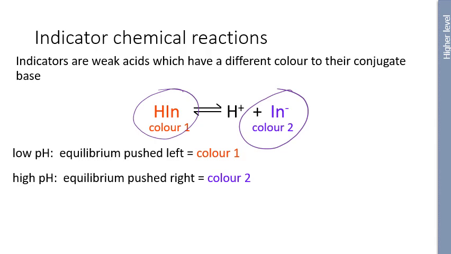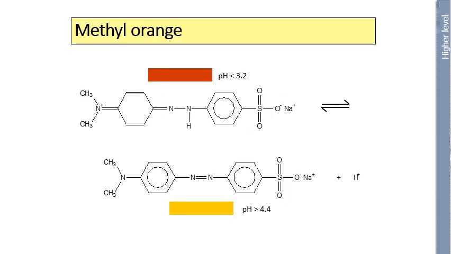Okay, because it's been deprotonated, the deprotonated form has a purple color. So the example here is methyl orange. At pHs less than 3.2, the protonated form, so you notice this is protonated here, it's going to be a red color, and then as that proton is lost in more basic or alkaline solution, the color at pH greater than 4.4 is going to be yellow.